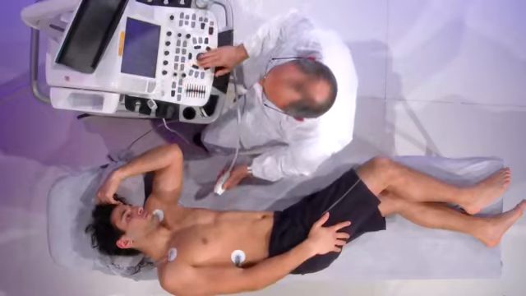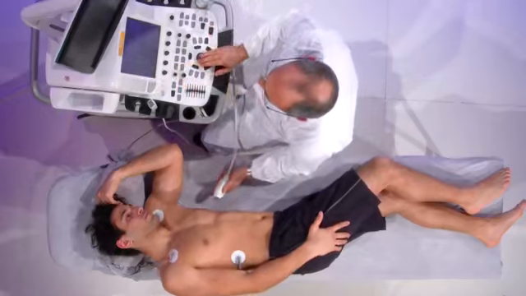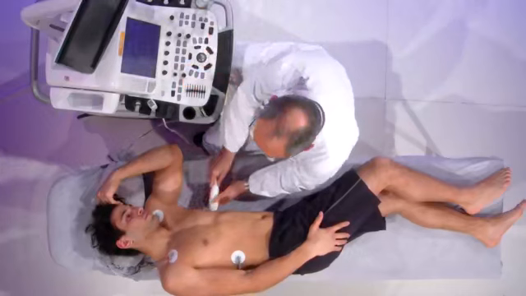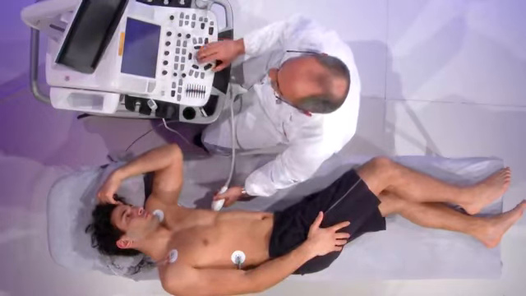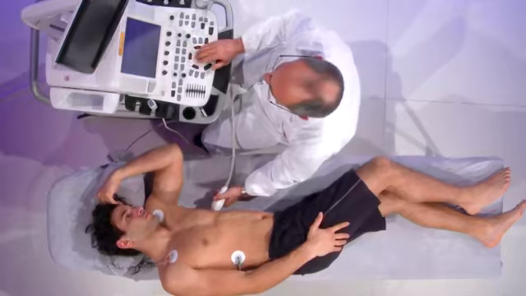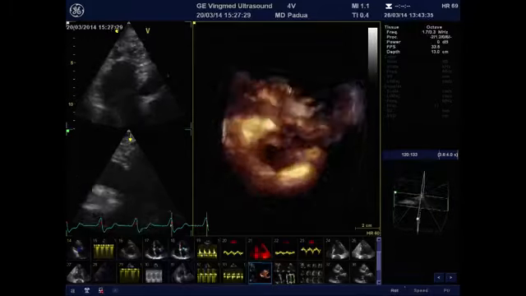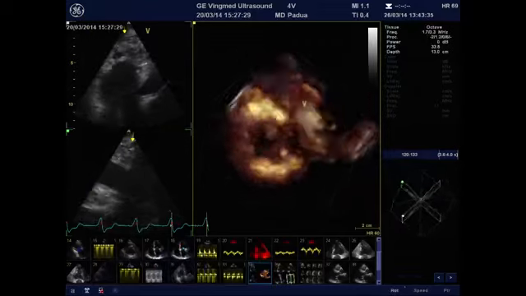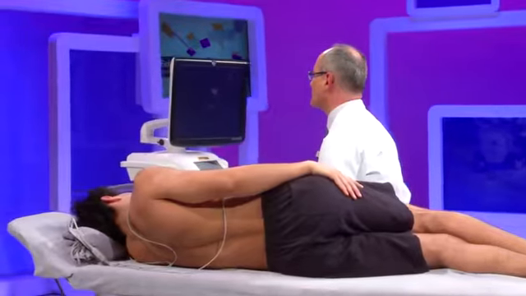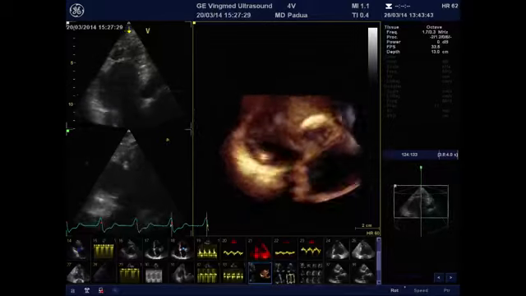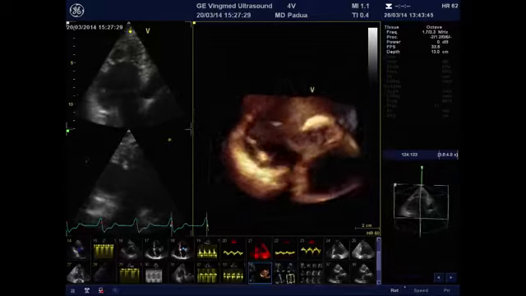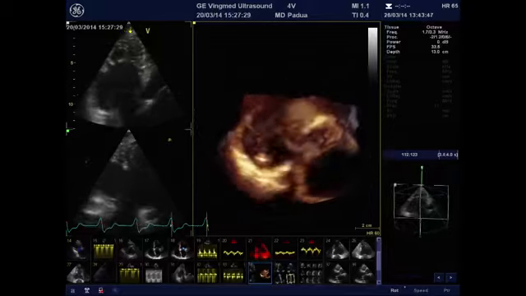You change your probe, moving to the 4D, make the acquisition from the apex, and then you can easily check the position of the catheter in the tricuspid valve by rotating your 3D dataset as I am doing now.